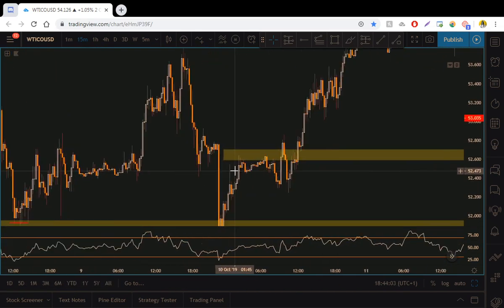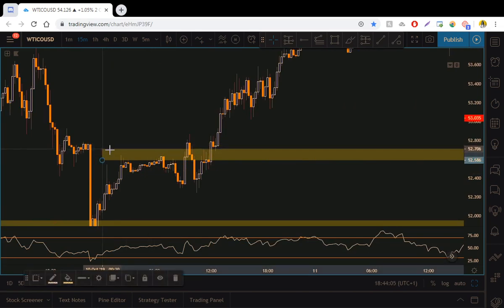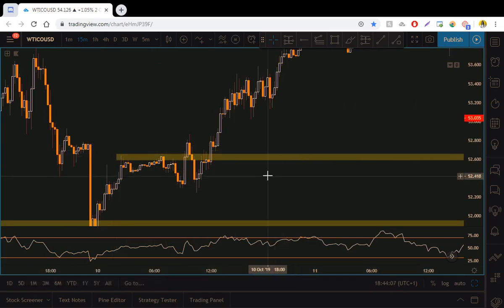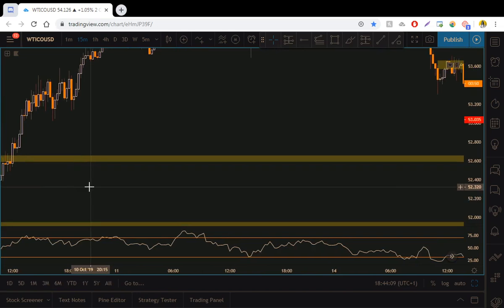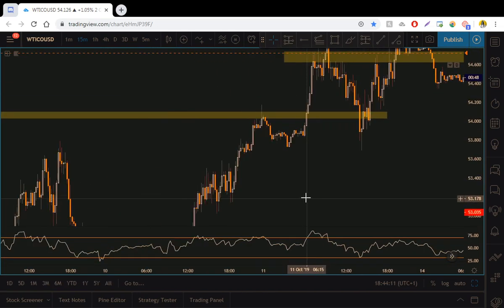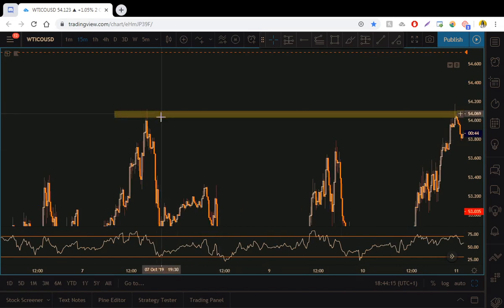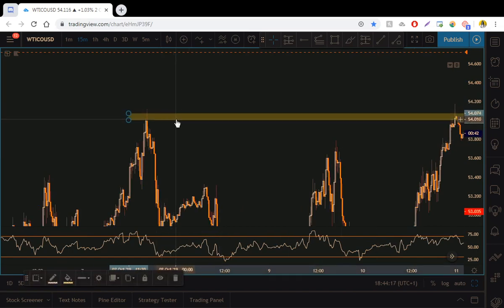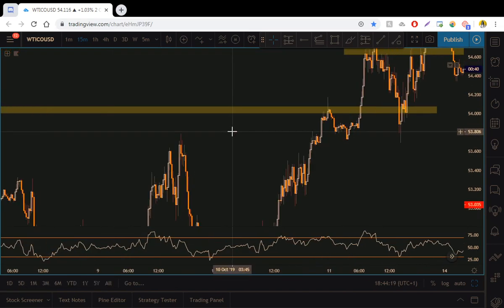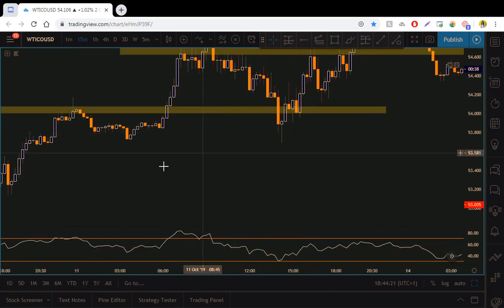So we've got this breakout level, a bit messy. Off this high, you can see this high here. That's a key level.